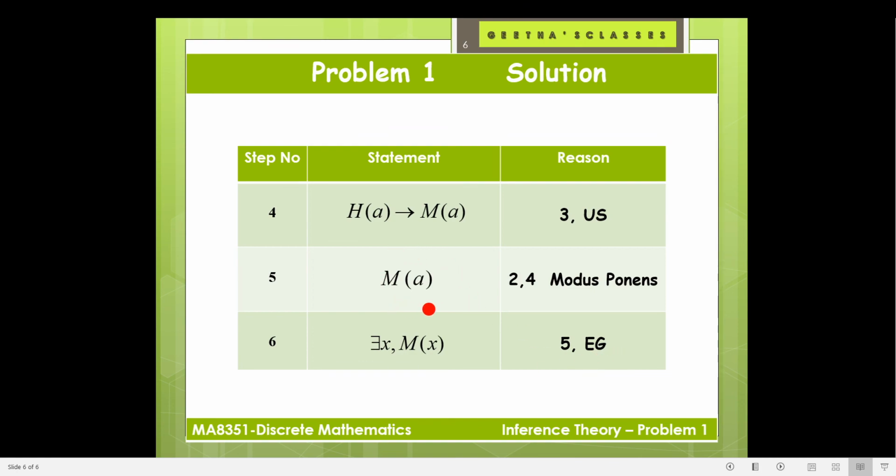We are using the fifth step and EG. So we have arrived at our conclusion. This is our final answer. The answer is in the question itself, so you have to identify the conclusion and arrive at it using the given premises. That's all for this problem.